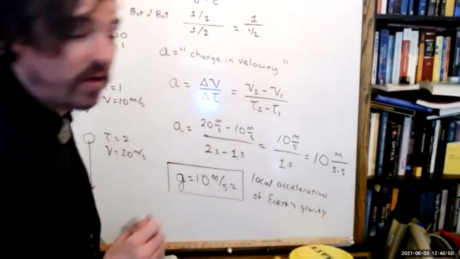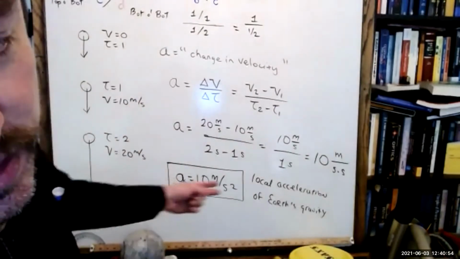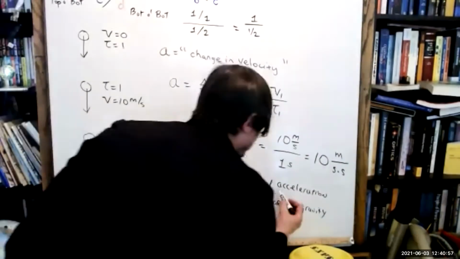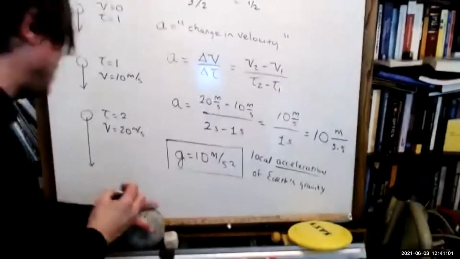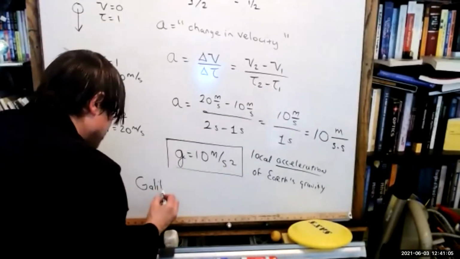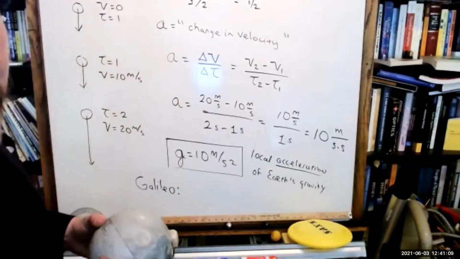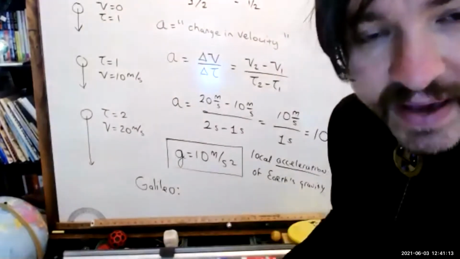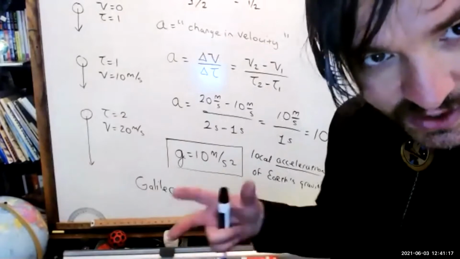Now, you do not want to call this gravity. Gravity is an abstract concept. This is the local acceleration of Earth's gravity. And one of the key discoveries that Galileo made was important because before Galileo, people's conception of physics was based on Aristotle's original textbook called Physics.